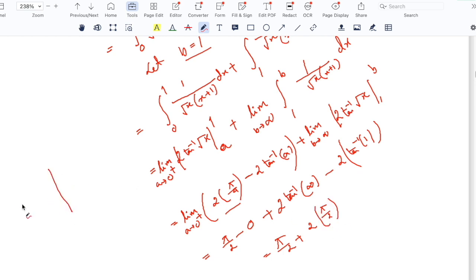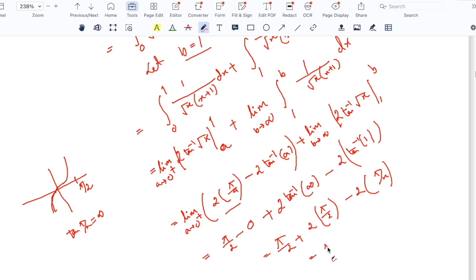because we know this graph. This is the graph of y equal to tan x, and it becomes infinity at pi by 2. Since tan pi by 2 equals infinity, tan inverse infinity equals pi by 2, minus 2 into tan inverse 1, which is pi by 4.